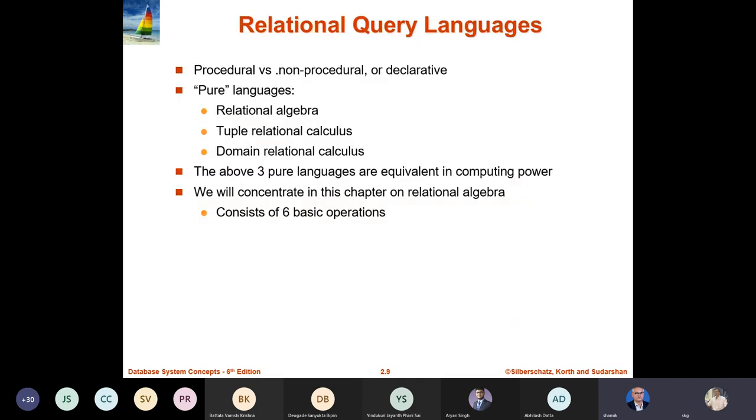When we look at relational query languages, there are procedural versus non-procedural or declarative languages. There are what we call, quote unquote, pure languages: relational algebra, tuple relational calculus, and domain relational calculus.